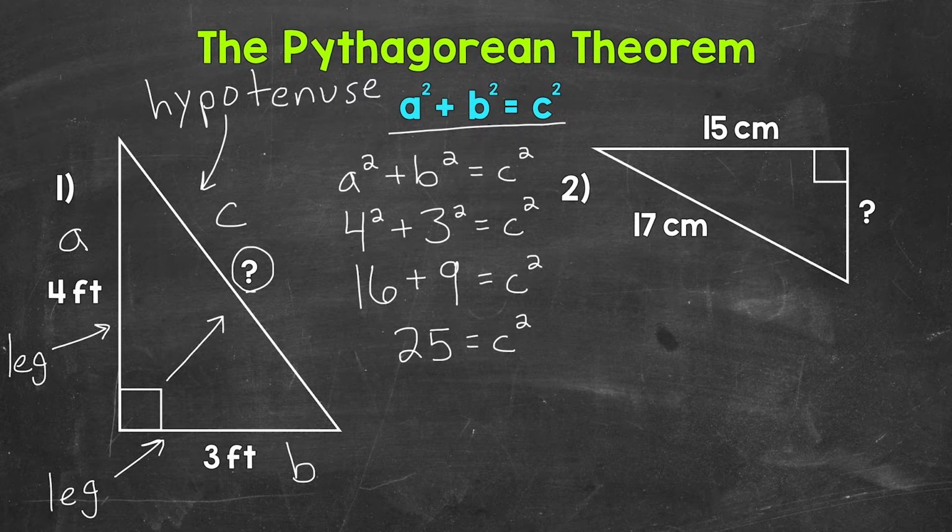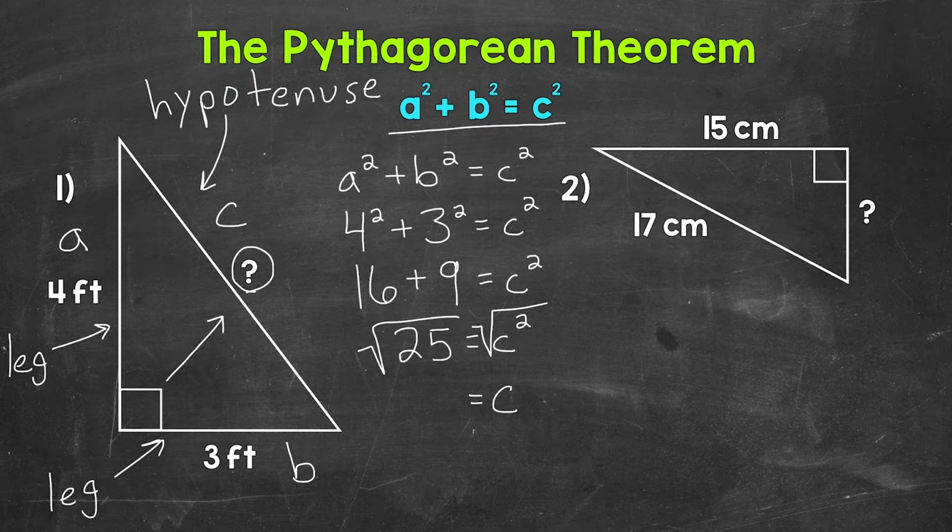Now we need to isolate that variable of c and get rid of the exponent of 2. We do that by taking the square root. So let's take the square root of c squared. Now, whatever we do to one side of the equation, we must do to the other. So let's take the square root of 25 as well. Now, as far as the right side of the equation, the variable of c is now isolated.